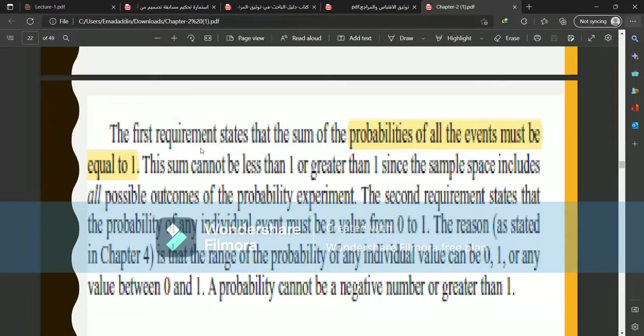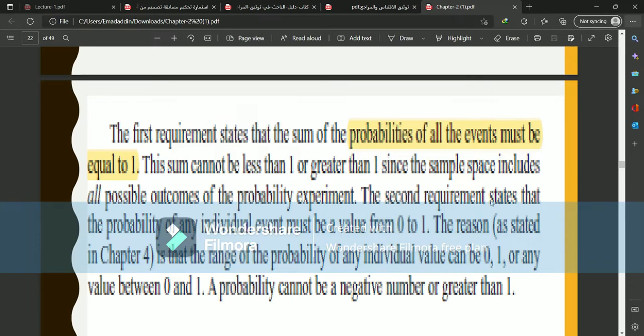The first requirement states that the sum of the probabilities of all the events must be equal to 1. The sum cannot be less than 1 or greater than 1, since the sample space includes all possible outcomes of the probability experiment.